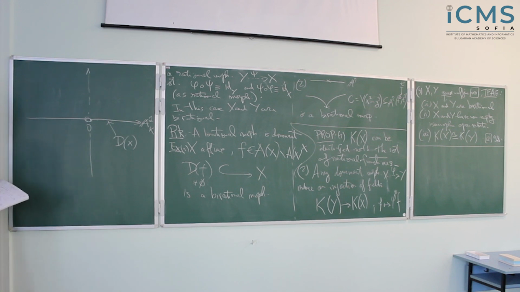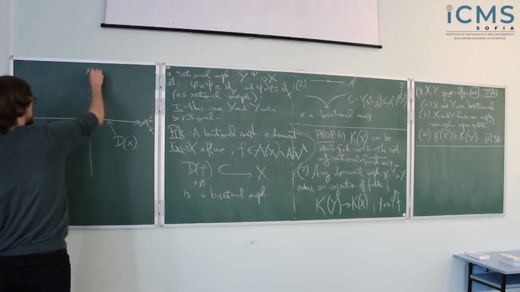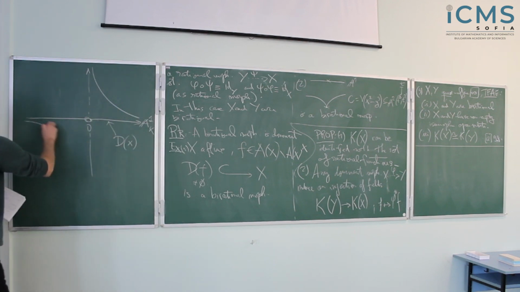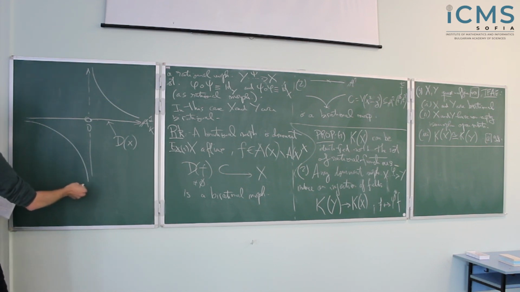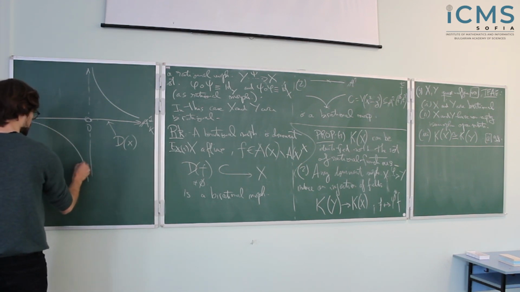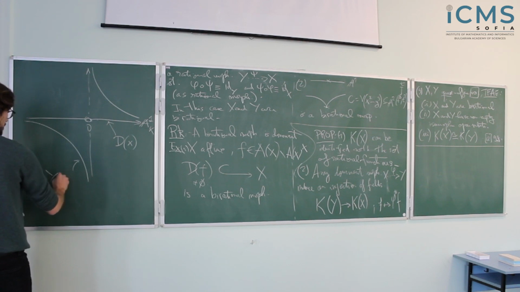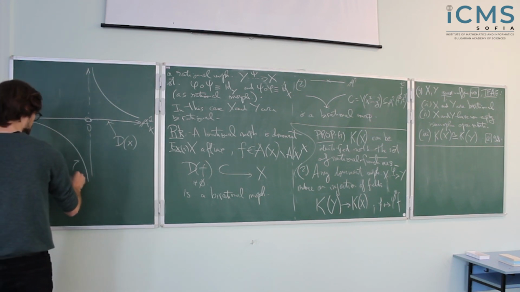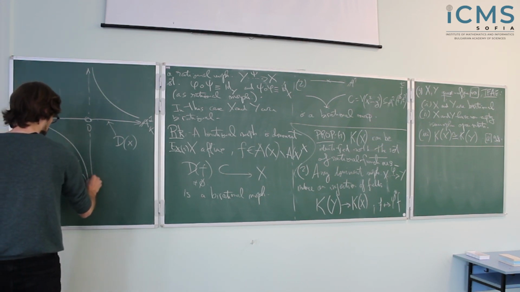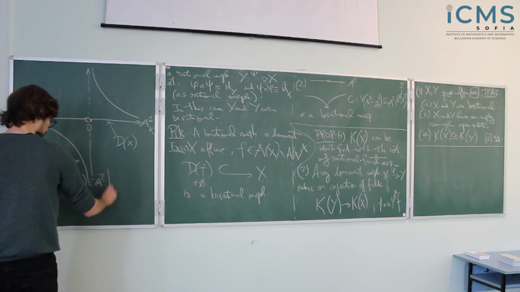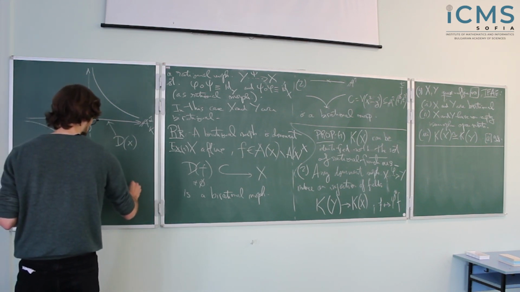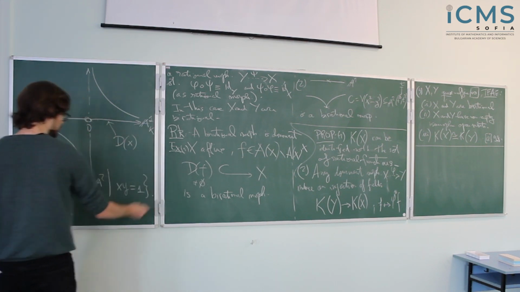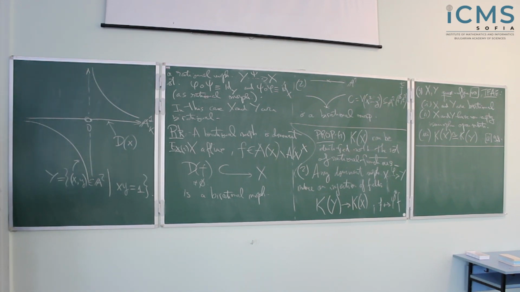And as you can remember, we have this isomorphism between the two, like this. And this is defined as xy equals 1. So this is the set of points (x, y) in A2 such that xy is equal to 1. So this is clearly the parametrization, right?